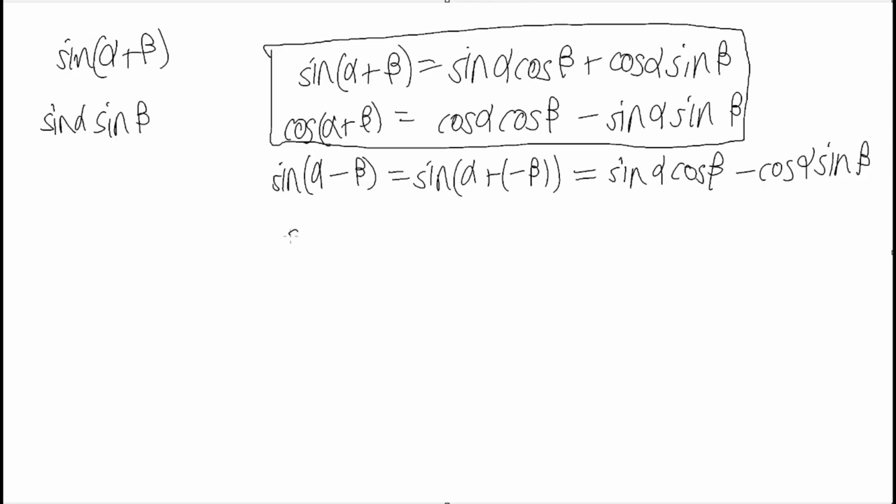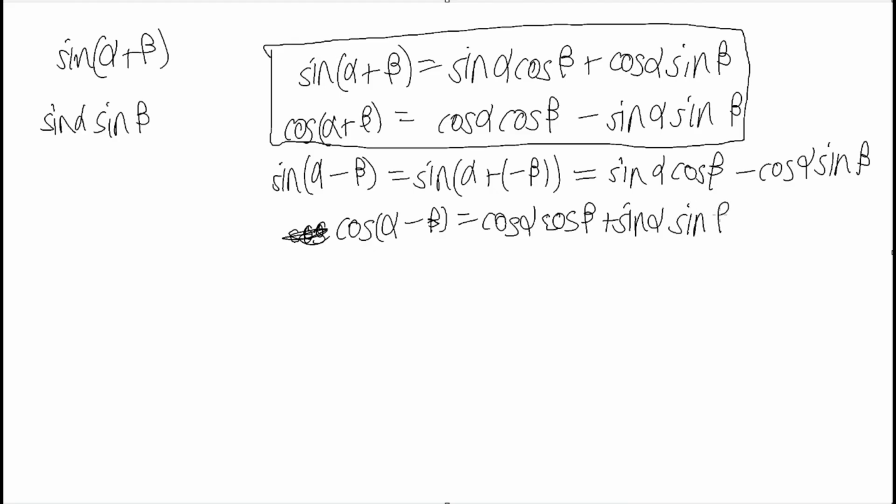And we similarly get that cosine of alpha minus beta is equal to cosine alpha cosine beta plus sine alpha sine beta. And these directly follow from these.